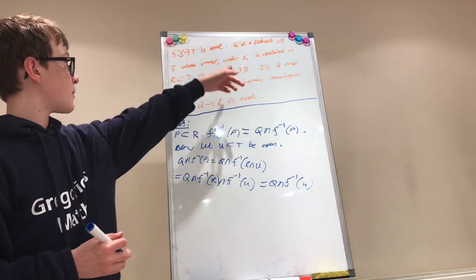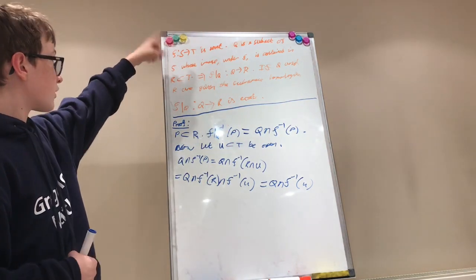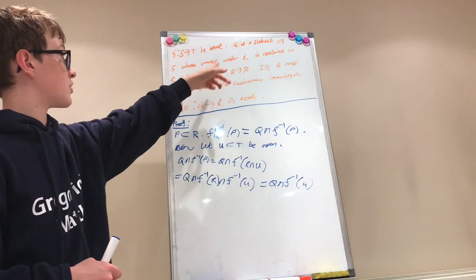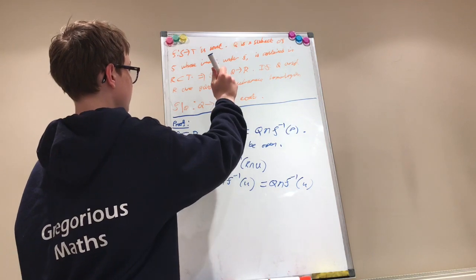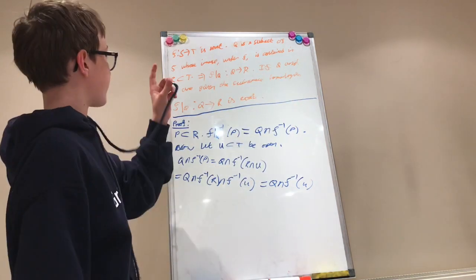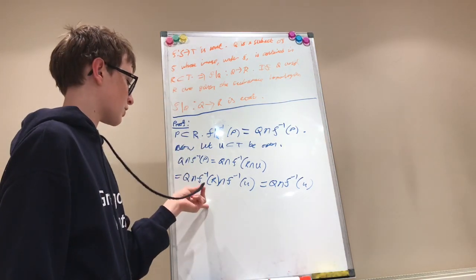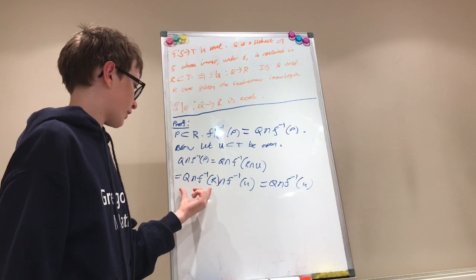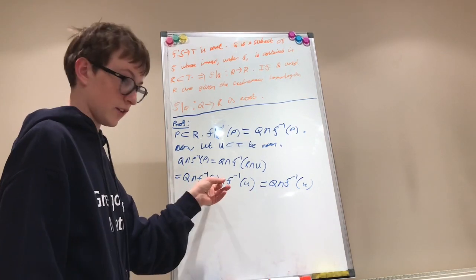We remember that Q is a subset of S whose image under F is contained in R, but if its image is contained in R, then if we take the preimage on both sides, that means that Q is contained in the preimage. So therefore we can go from here to here because Q is completely contained in there.